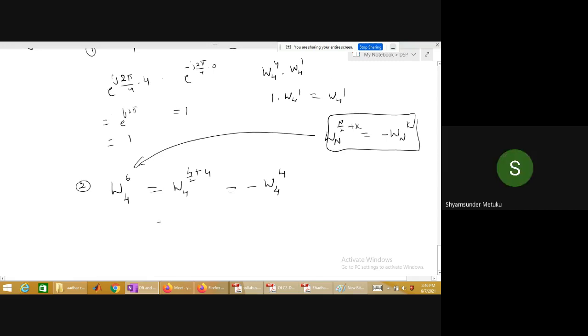So now let us calculate here. It can be written as W4 to the power of 2 into W4 to the power of 4, right? Anyhow, it is 1, we have seen, correct or not? Yes, sir. So you tell me for this, e power j 2 pi by 4 into 2, can I write this way? Yes. So which can be e power minus j pi. What is e power minus j pi?